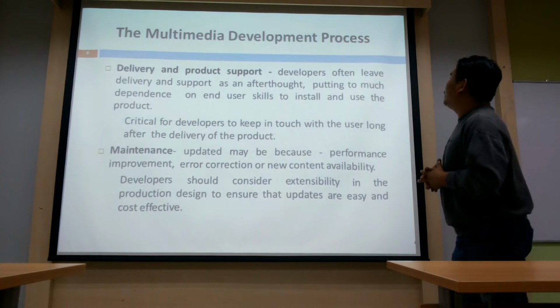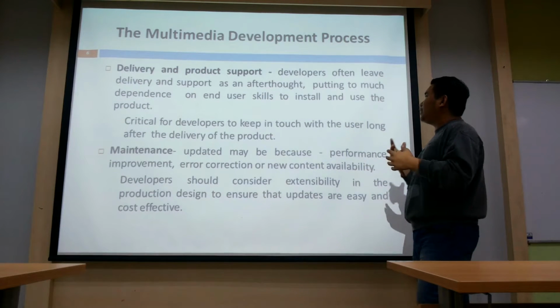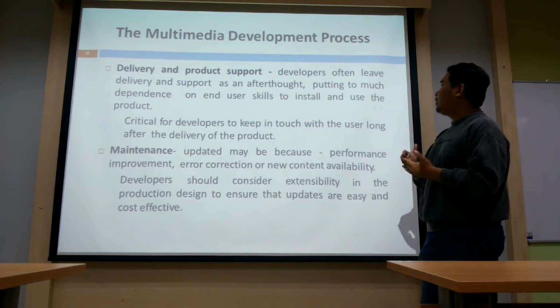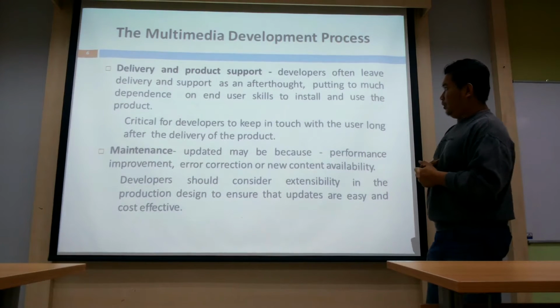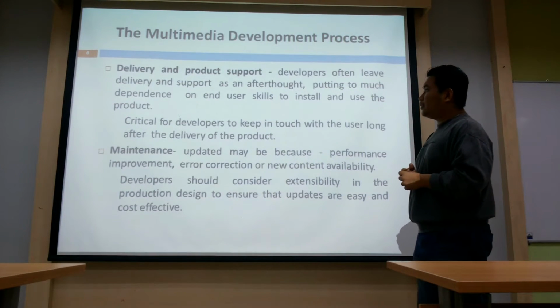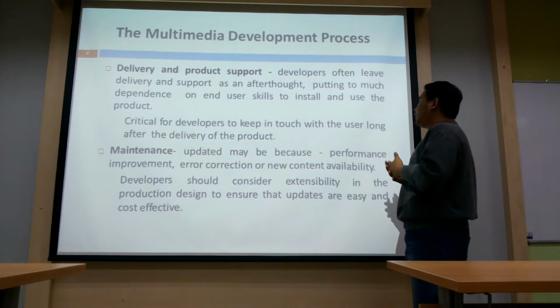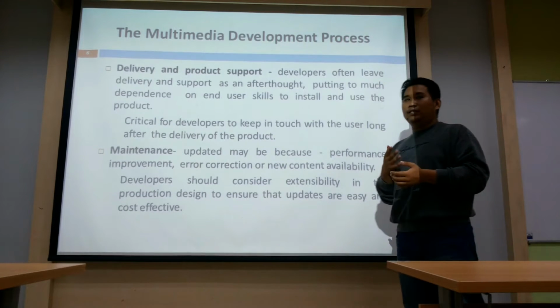Developers often leave delivery and support as an afterthought, putting too much dependence on end user skills to install and use the product. Actually, it's important because developers need to keep in touch with the user long after delivery of the product.